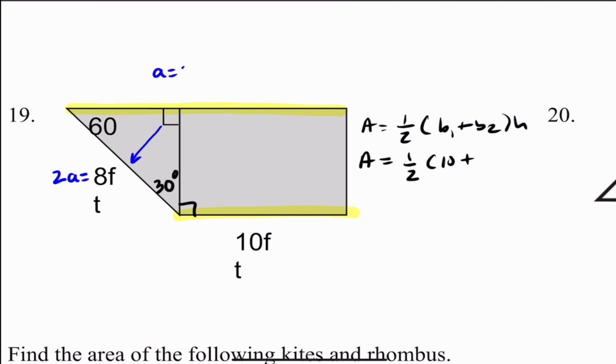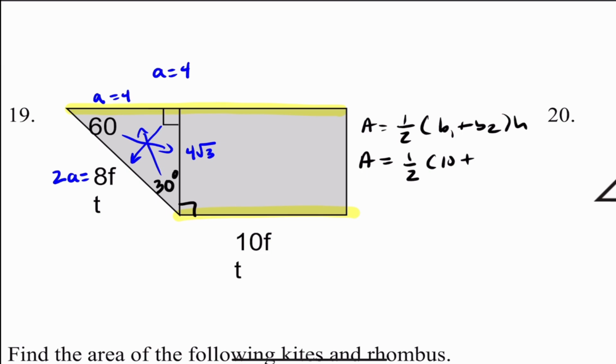So A is equal to 4, right? And then across from 30 degrees, this is A, so this side is 4. And then this side here, across from 60 degrees, well, that's going to be 4 root 3.